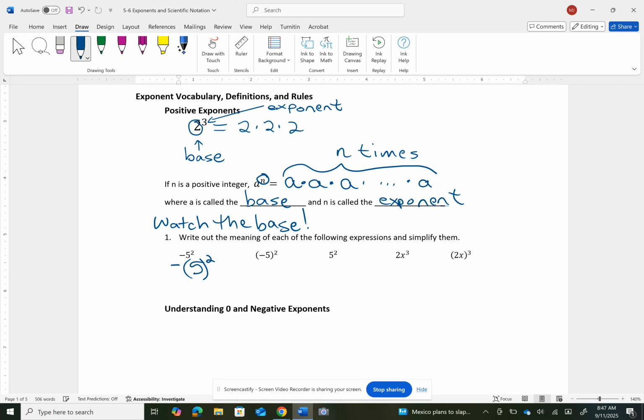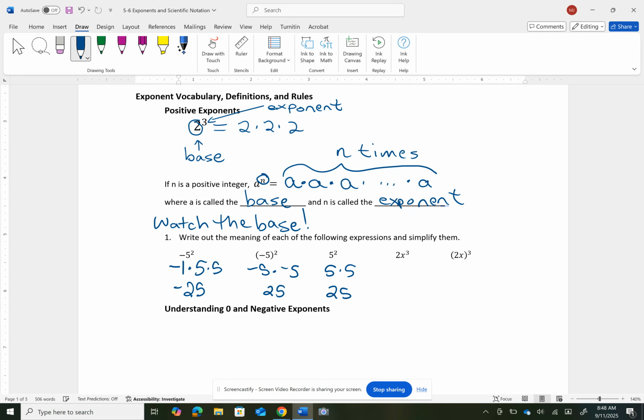Let me write it a little differently. That negative needs to be pulled away a little bit from the rest of the expression. It's like the opposite of 5 squared. So it's like -1 times 5 times 5. So that one's going to be -25. Where if it's in parentheses and squared, you're going to multiply -5 times itself and get a positive 25. Of course, for 5 squared, the base would be 5. So you get 25.